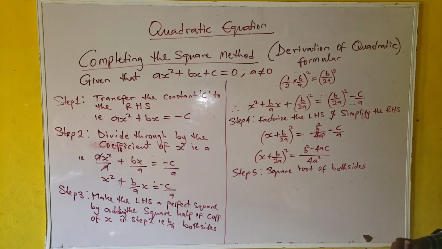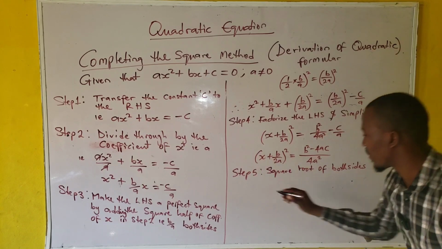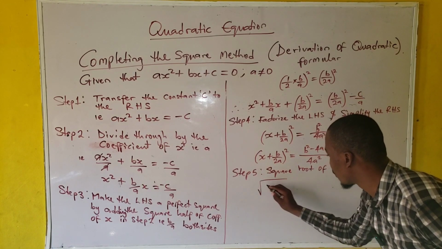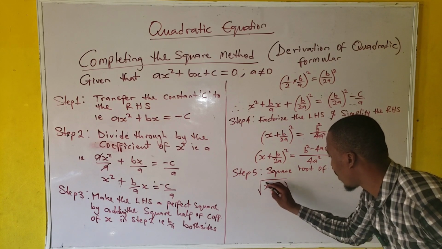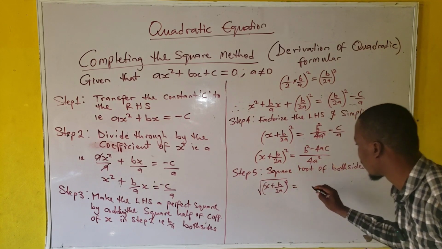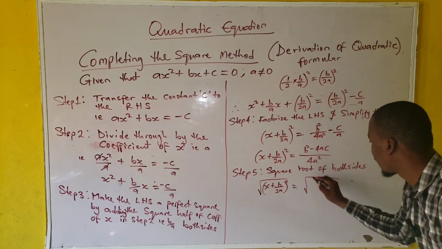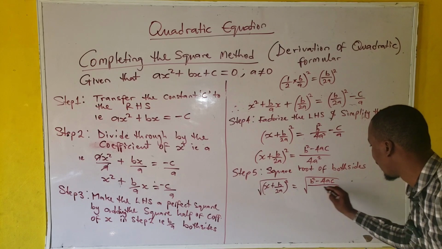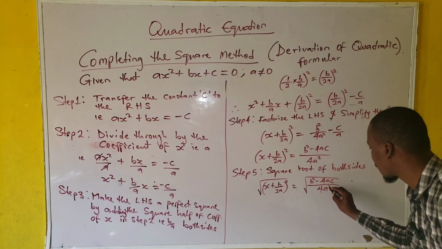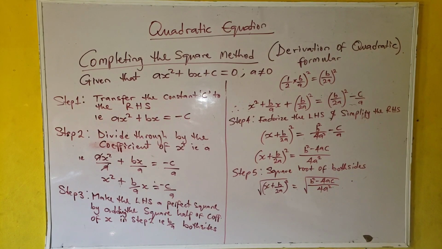When you take square root of this part, you have square root of x plus b over 2a all square equals square root of b square minus 4ac over 4a square. So when you take square root of both sides, this is what you have.